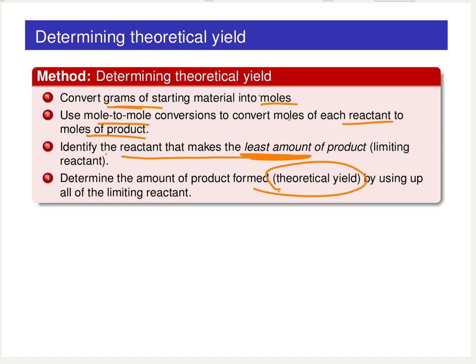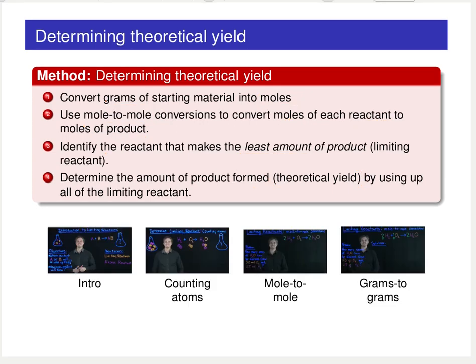As always, I think working through an example is essential in this case. I'm going to point you, however, to a little playlist posted on YouTube consisting of 4 videos, if you are having a hard time with these concepts of mole-to-mole conversions and gram-to-gram conversions and you need a little bit more background in building up this concept of theoretical yield.